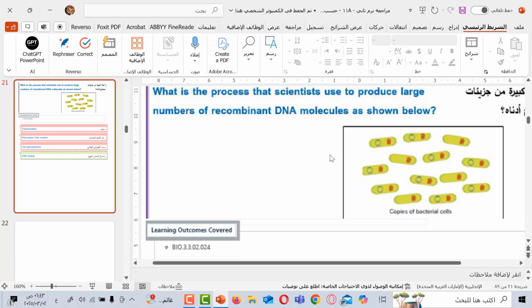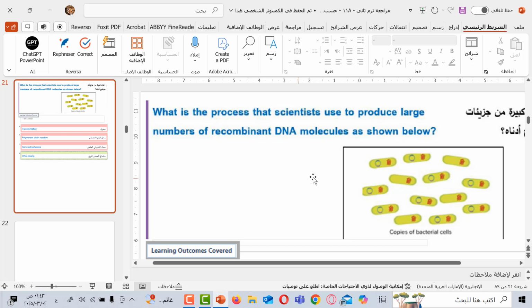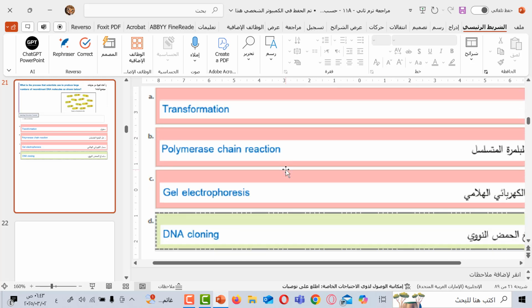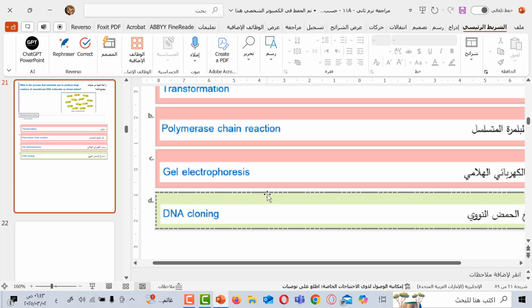Another question about this figure: what is the process that scientists use to produce a large number of recombinant DNA molecules as shown below? That's DNA cloning.